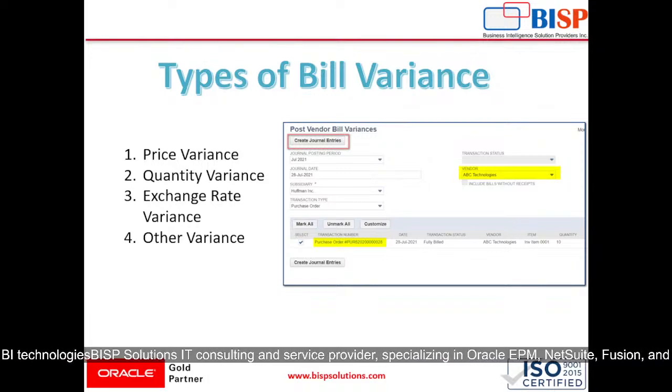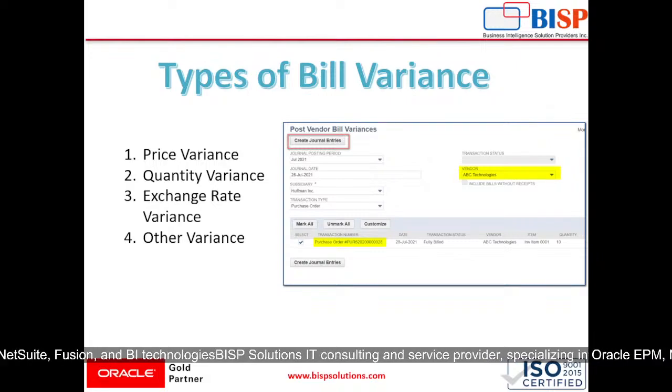But the vendor will show us 100 units at 11 each, which is 1100. So the price variance is 100 rupees, because we have shown 1000 and the vendor is showing 1100.